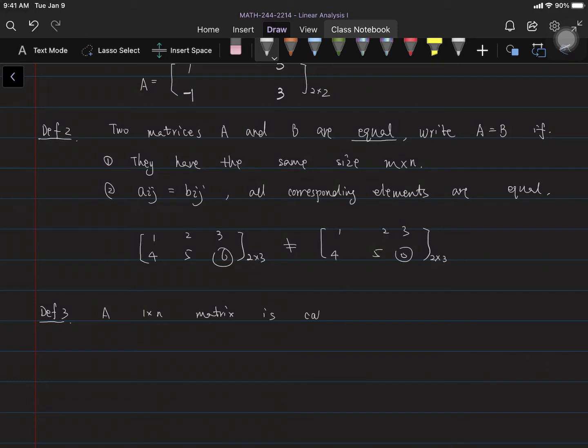It's called a row vector. And an n by 1 matrix is called a column vector.